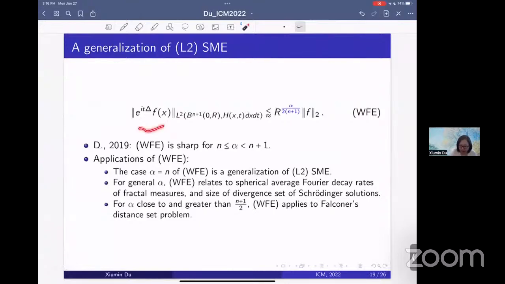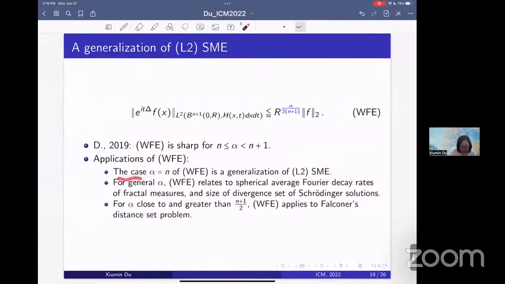Okay, this is the weighted Fourier extension estimate that we proved. And we constructed some examples showing that this estimate is sharp when alpha is large. It is sharp for alpha between n and n+1. And this weighted Fourier extension estimate has several applications to problems in PDEs and geometric measure theory.